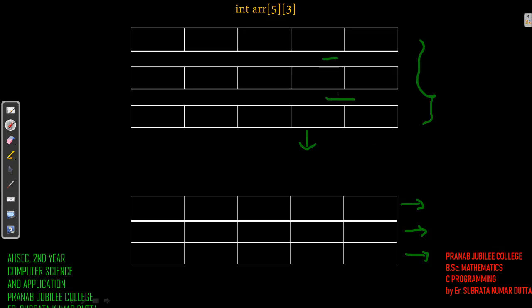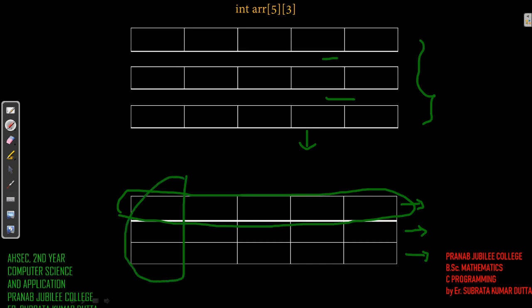We write all these arrays together. As soon as we connect all these arrays together, the array is formed as a collection of columns and rows. These horizontal ones are called rows, and these are called columns.